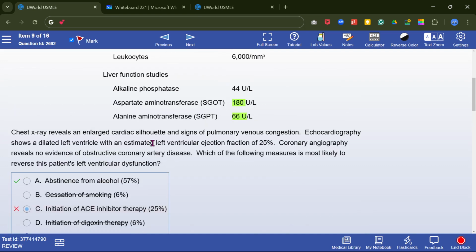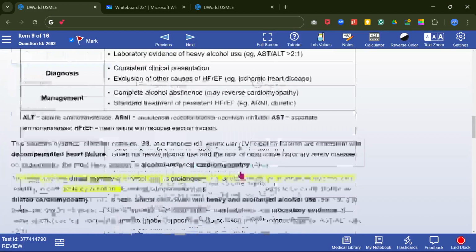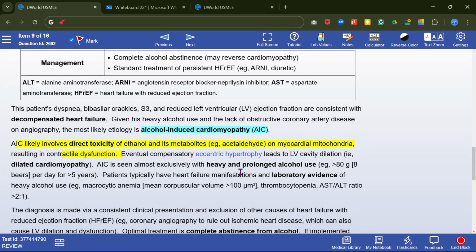So abstinence from alcohol, because his ejection fraction is very low and his heart is failing. Alcohol-induced cardiomyopathy.